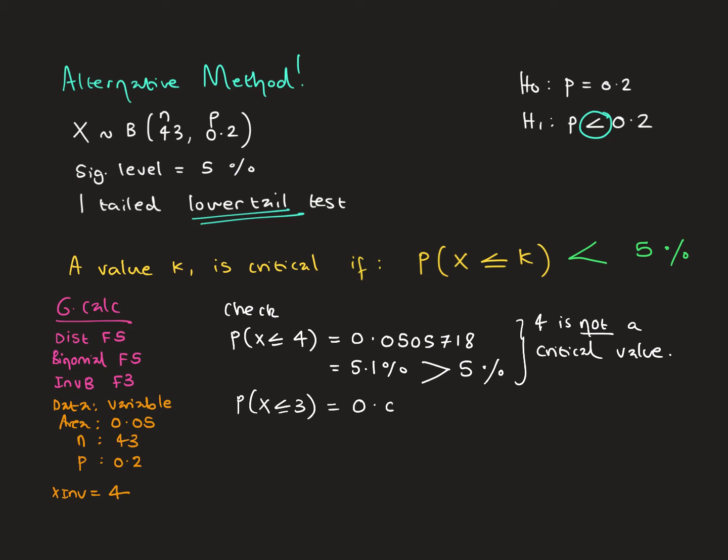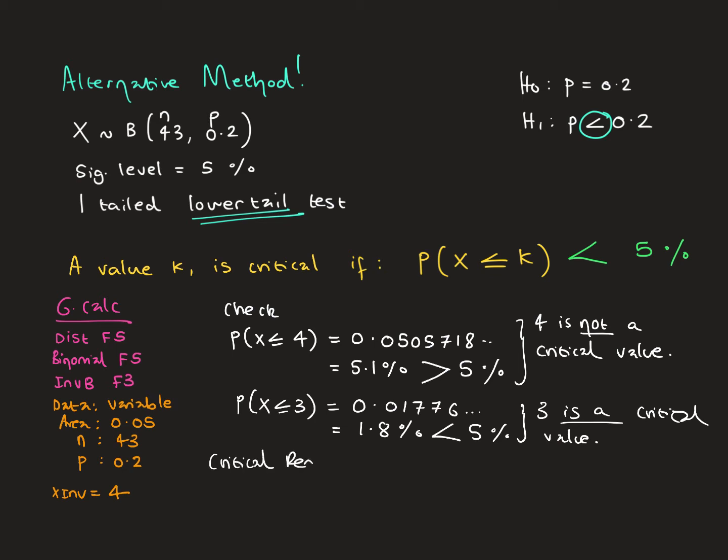That's 0.01776, etc., which we can say is 1.8%, which is less than 5%, so 3 is a critical value. So the critical region for this test is the set of values x, 0, 1, 2 and 3. These are the critical values.